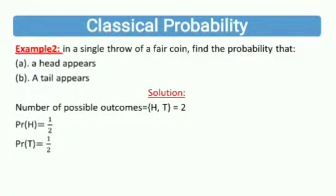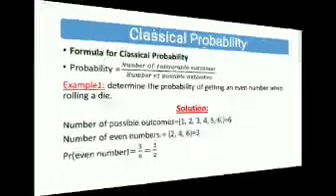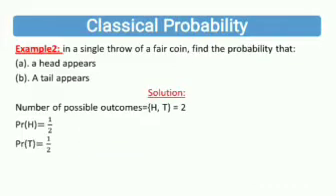Now, let's look at another one. In a single throw of a fair coin, find the probability that (a) a head appears, or (b) a tail appears. So the solution: the number of possible outcomes. For a fair coin, the outcomes will be head or tail.